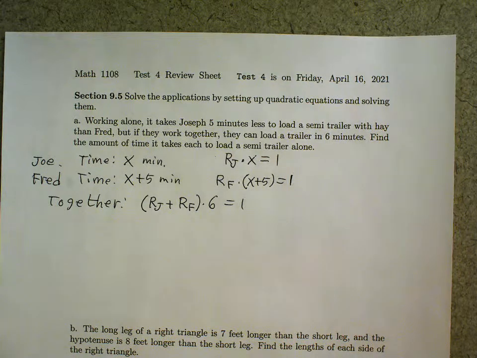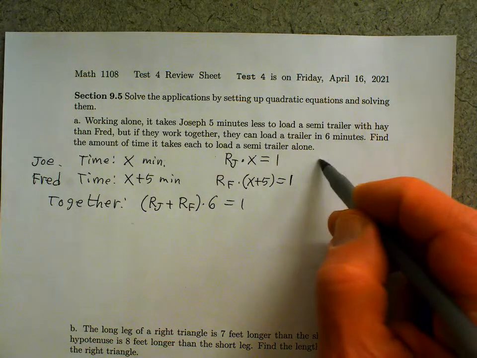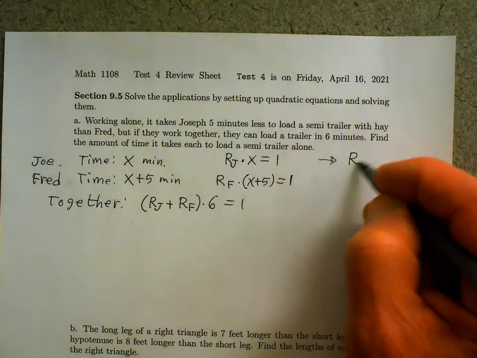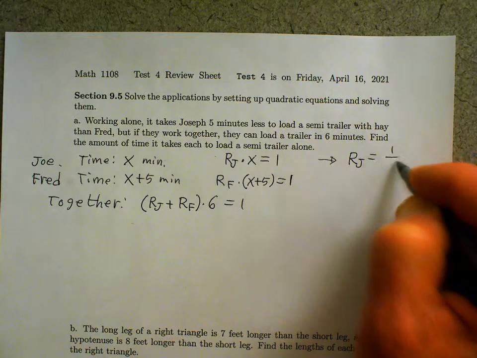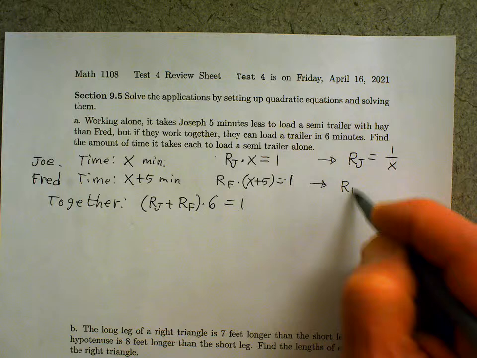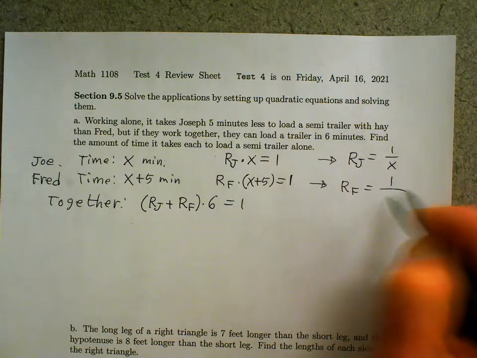So we need an equation whose only variable is x. So if we solve for Joe's rate, it is 1 over x. Fred's rate is 1 over x plus 5.